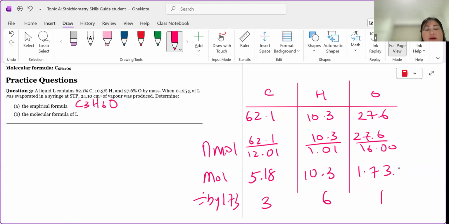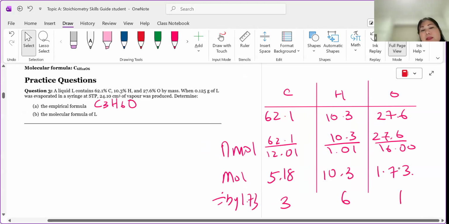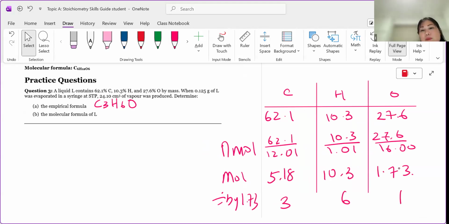Okay, the molecular formula is a bit more difficult, so let's look at it. The question says when 0.125 gram of it is evaporated in a syringe at STP, this is the volume of vapor.